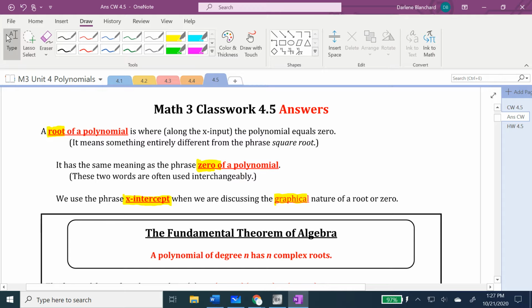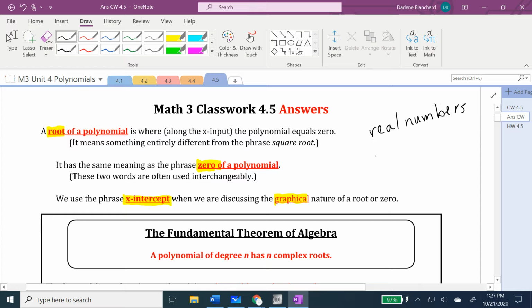What is a complex? Ooh, it's a number with a complex. Now, the numbers you normally deal with are called real numbers.